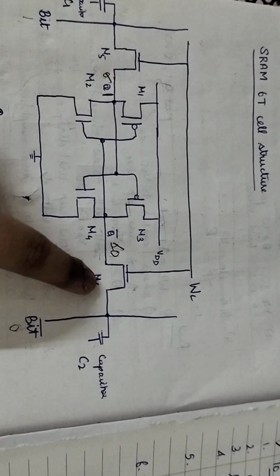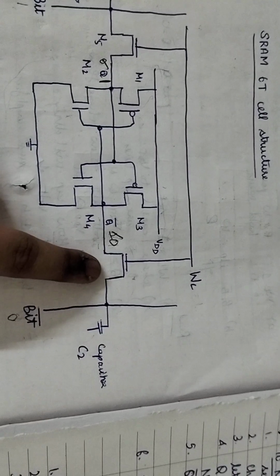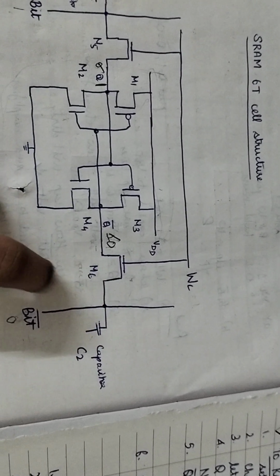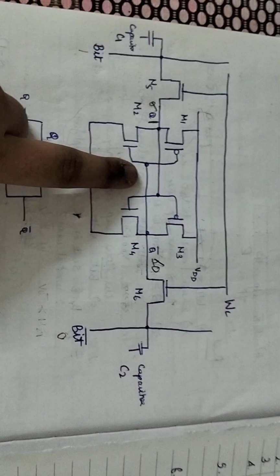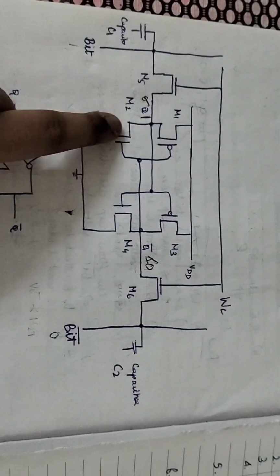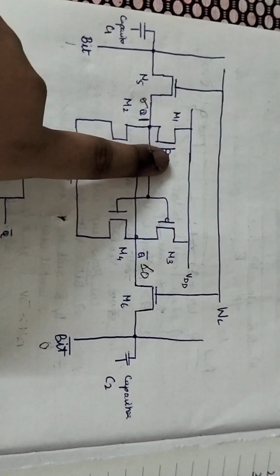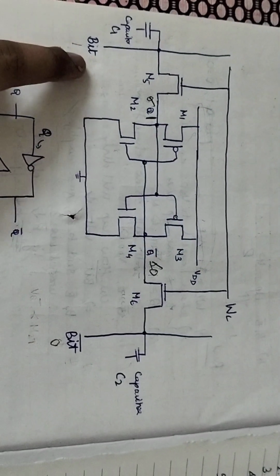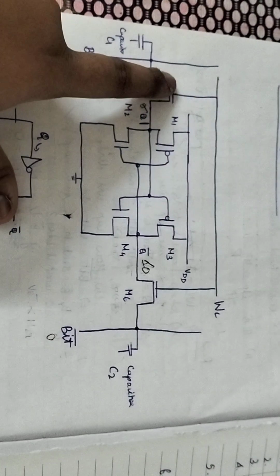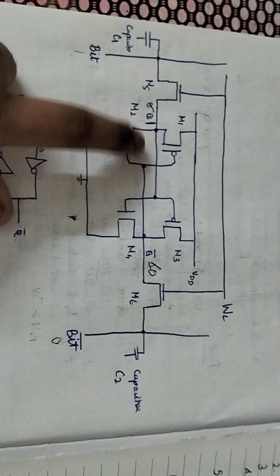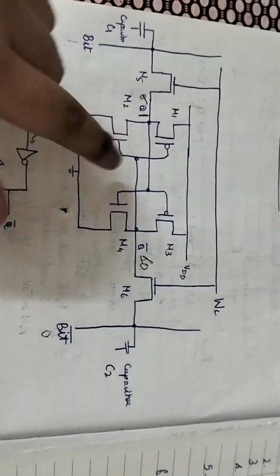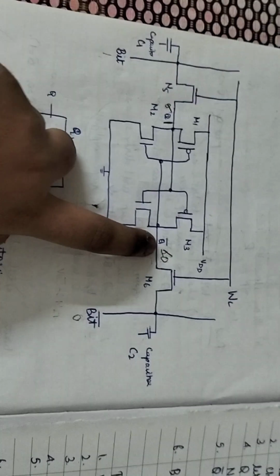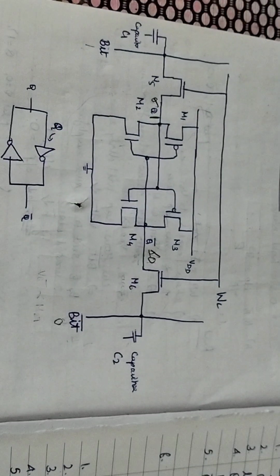So because M6 is connected to M2, when the potential of M6 starts falling, the corresponding potential of M2 is also falling, and when that falls below the threshold of M2, M2 is switched off, M1 is switched on. When M1 is switched on, the bit from here travels through M5 through Q into M1, and that is when Q becomes 1, which is what we wanted to do. We have written 1 into Q and immediately Q bar flips into a 0.